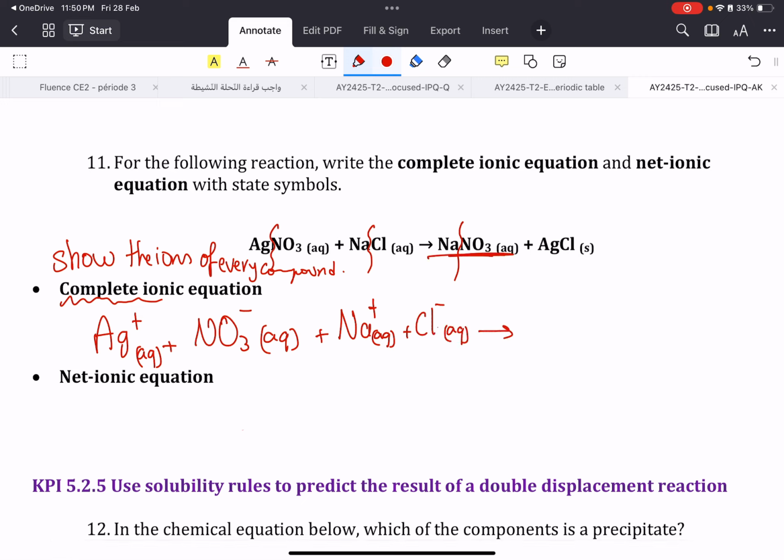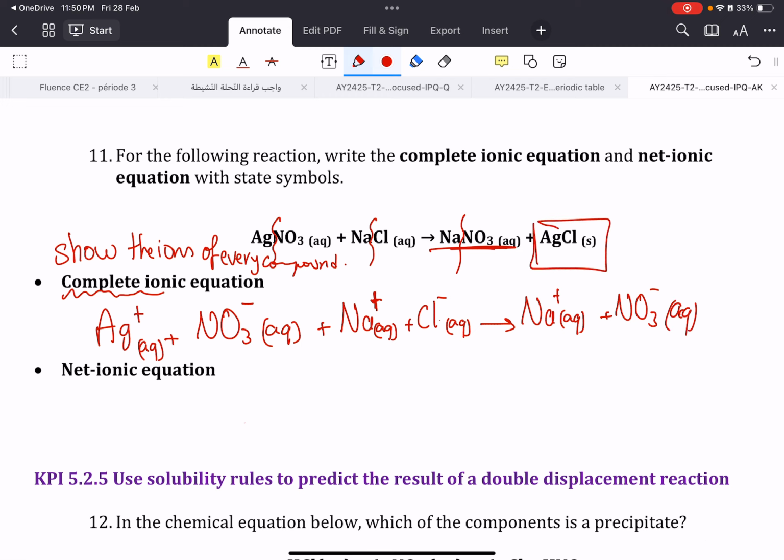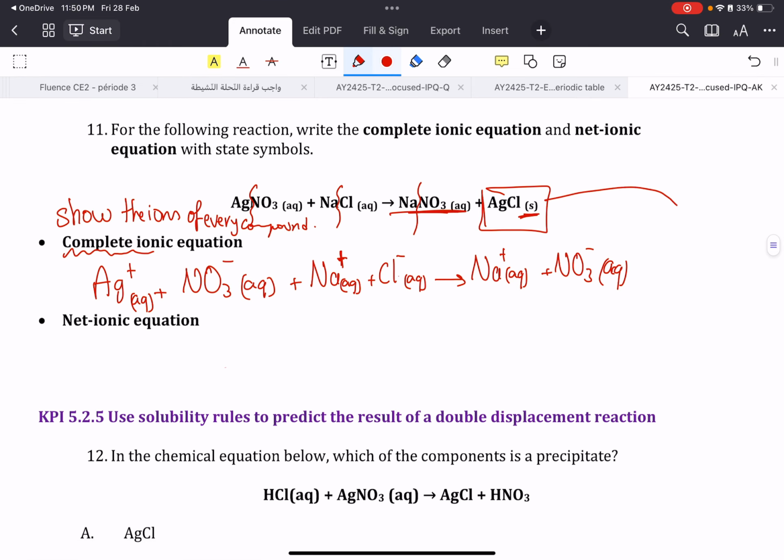Anything ionic, you will keep on writing in the ionic form, like Na plus and NO3 minus, but whatever forms a solid precipitate, you are not allowed to write in the form of ions. So this solid will be written as it is, no ions to show.